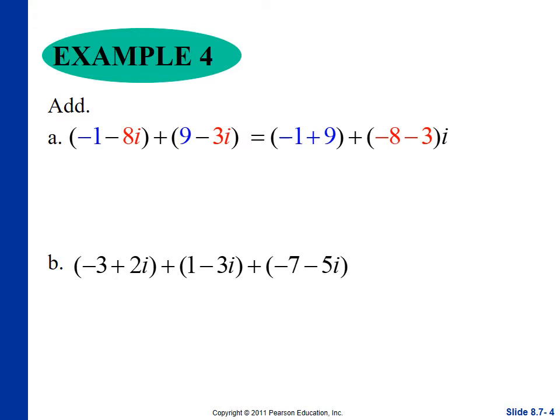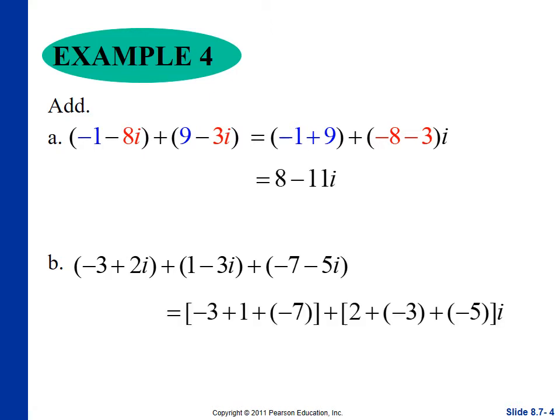So we're going to use the commutative and associative properties, factor i out of the two terms, and then combine them back. So we have 8 minus 11i.